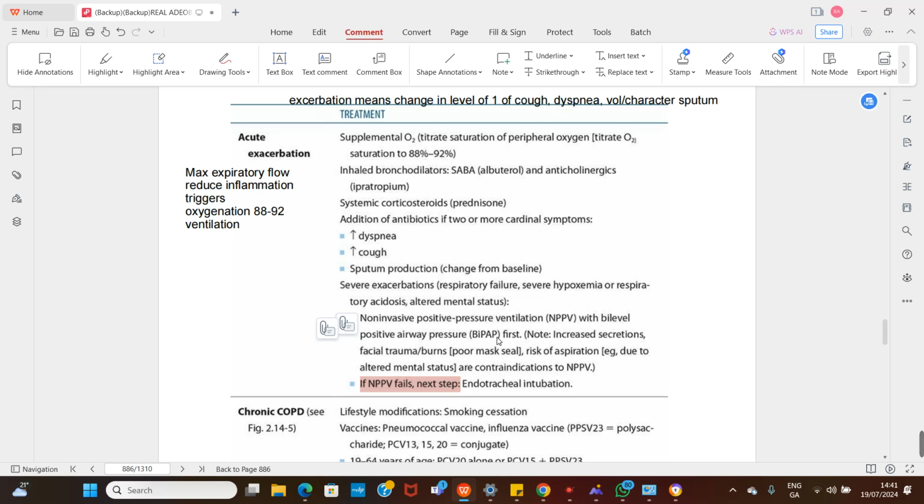But once you start seeing cough, which might or might not be associated with sputum production, difficulty in breathing, dyspnea on exertion, those are the common symptoms that you usually see. Have I answered your question?